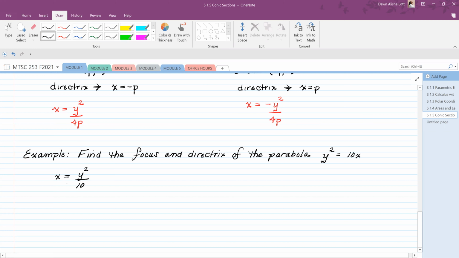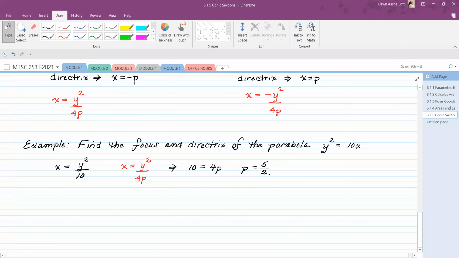So therefore, now that I have it in that form, I know the form that it should be in is x is y squared over 4p. So that's going to imply for me that 10 has to equal 4p. So p is going to be 10 over 4, or 5/2.